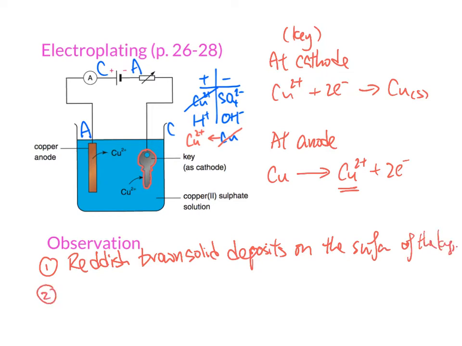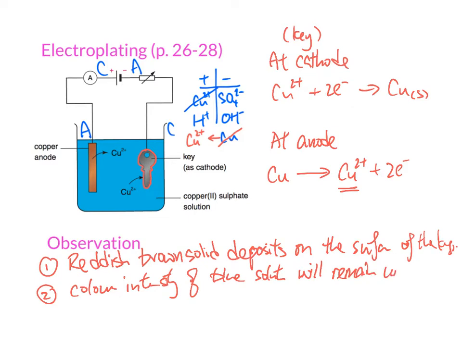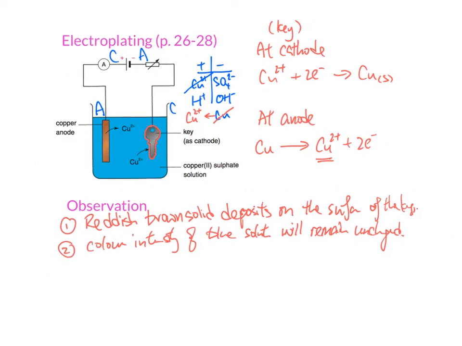The second one that you can see is about the color intensity. Just now we explained that the color intensity of the blue solution will remain unchanged. For the reason, you can refer to the previous explanation.